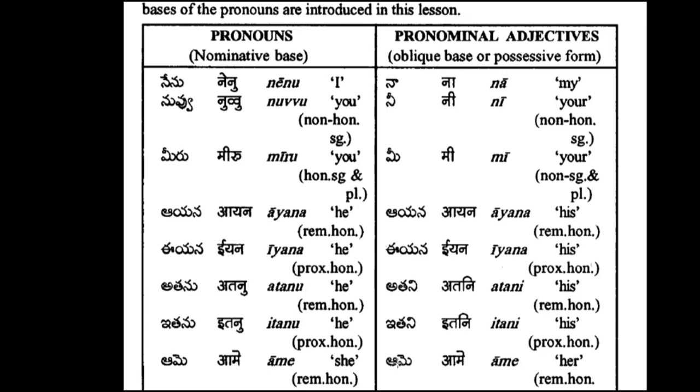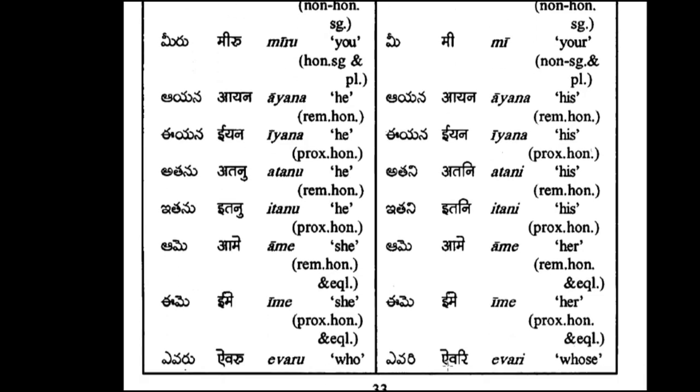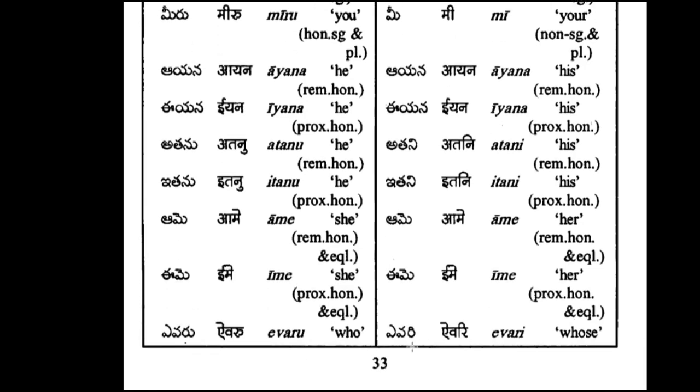So ame is used in two ways here. Her meaning also ame, she meaning also ame. That you need to remember. Okay, let's take one example. Her name is Sita. She is working in a bank. See here, ame peru Sita.